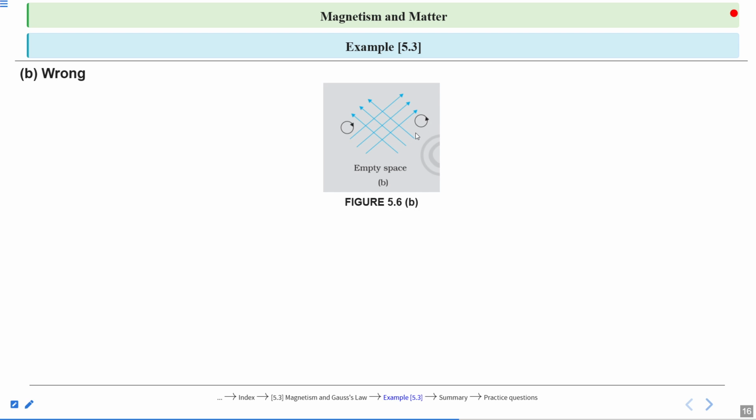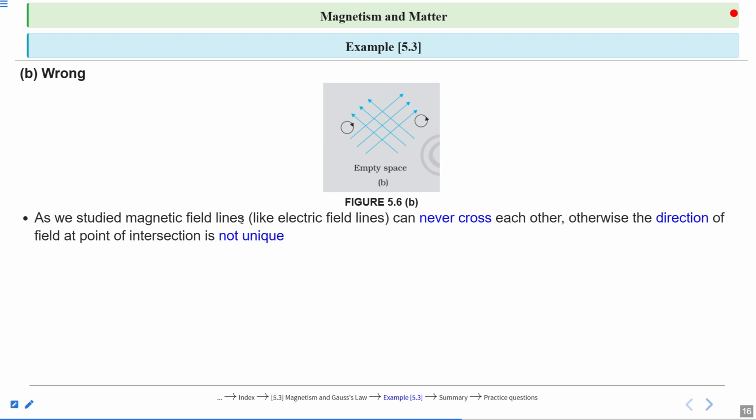So two things are wrong. First, they cannot cross each other. As we studied, magnetic field lines like electric field lines can never cross each other, otherwise the direction of the field at a point of intersection is not unique.